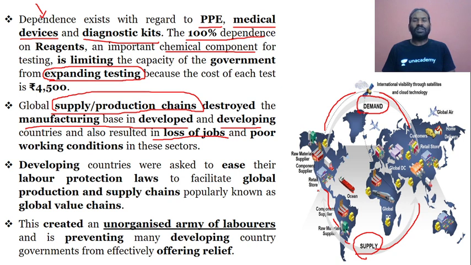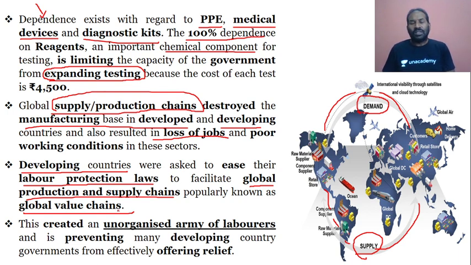Now those countries are also going ahead with labor protection laws. The countries which were ready to accept economic liberalization because of employment generation are now worried about their labor protection laws. And that is why the global supply chains, or this global value system, is being hit.